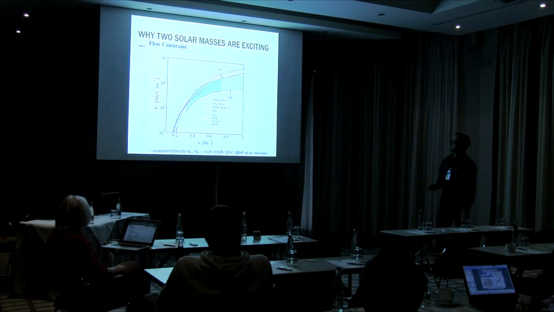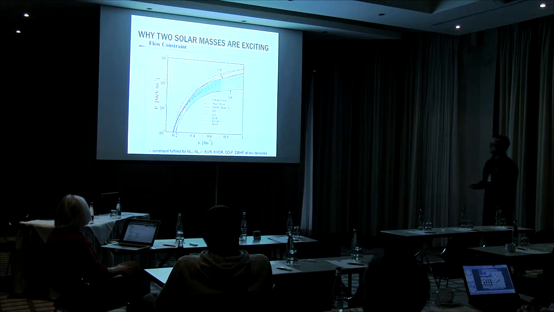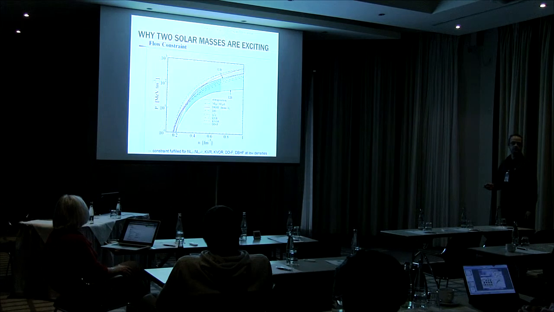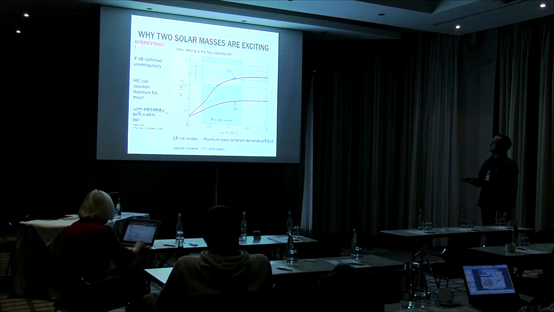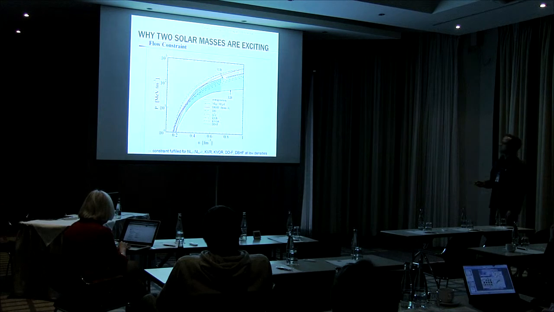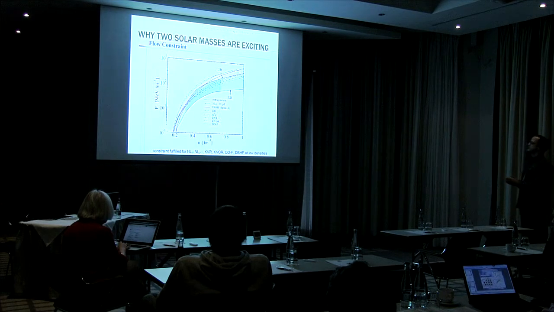That's how we understand it at the moment. If we do that with the equations of state I've shown before, you see some are too stiff for that, and most of them actually have no trouble to explain that. Here's an interesting observation I want to show because I find it very interesting.